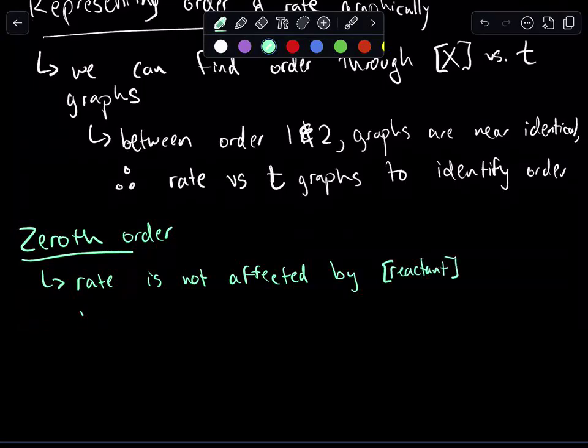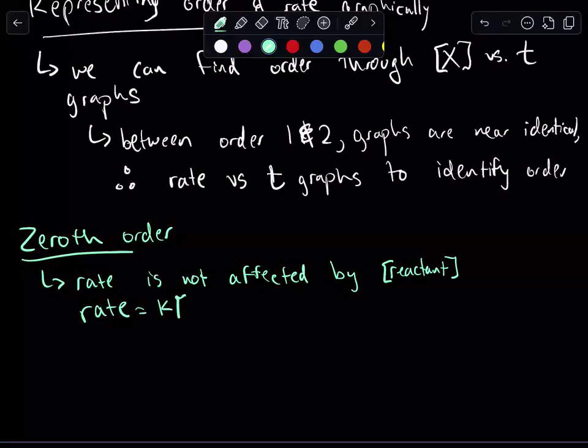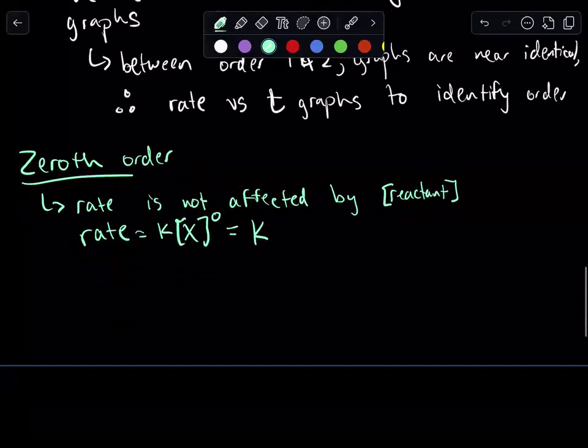In other words, rate is equal to K, so now we're using the actual rate equation, times our reactant X to the 0th power, which is just equal to K, because X to the 0th power is 1. When we look at the two graphs that we can make from it, I'm going to make some nice graphs that I can just copy and paste throughout this.